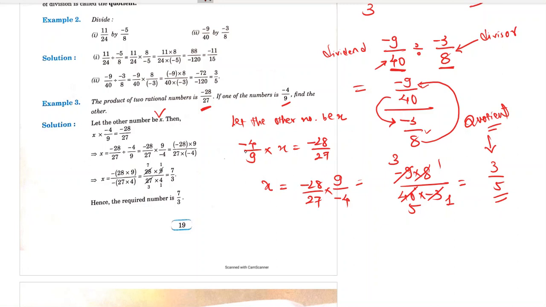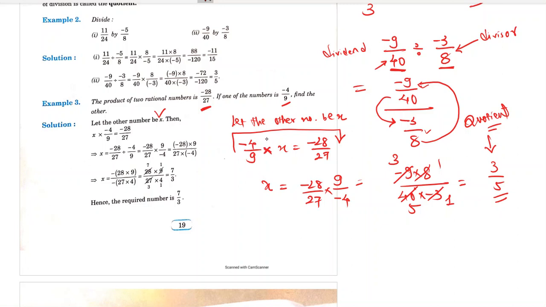So remember that whenever a fraction shifts from one side to other side, from LHS to RHS, it becomes reciprocal of itself if its original operation is multiplication.